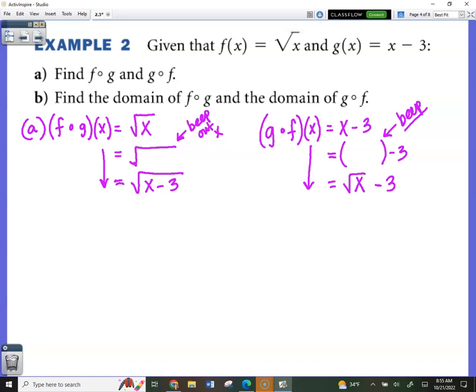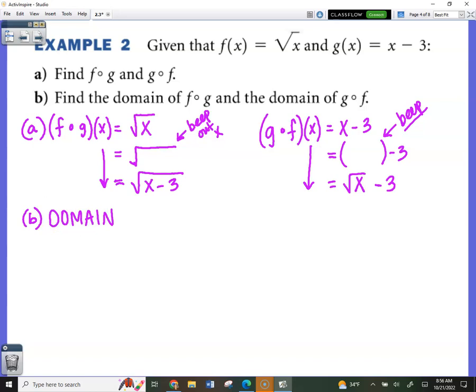Okay, so those are the answers for A. The next part says, find the domain of f of g and g of f. This is the new part, which is technically not new because it's what you did on those 3 14-part questions yesterday. We're talking about domain, right?